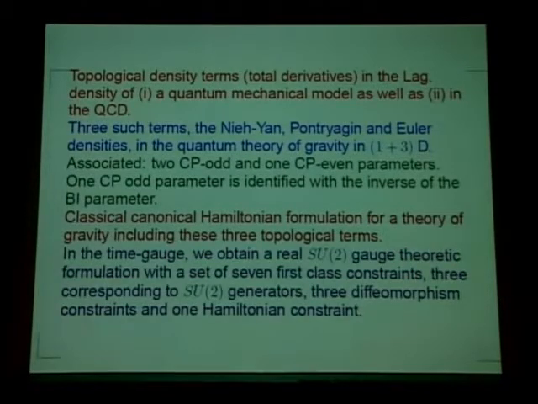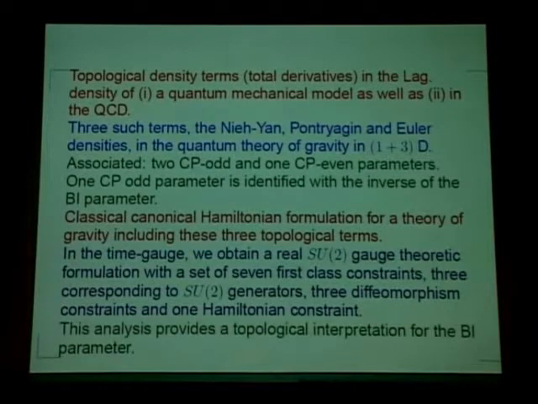And in the time gauge, we'll see that we obtain a real SU(2) gauge theoretical formulation with a set of 7 first-class constraints, 3 corresponding to SU(2) generators, 3 to diffeomorphism constraints, and 1 Hamiltonian constraint. And in this process, this whole analysis will provide us a topological interpretation of what is known as the Barbero-Immirzi parameter.